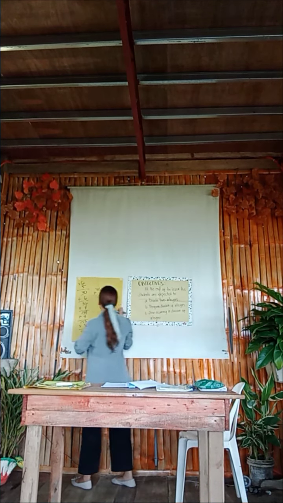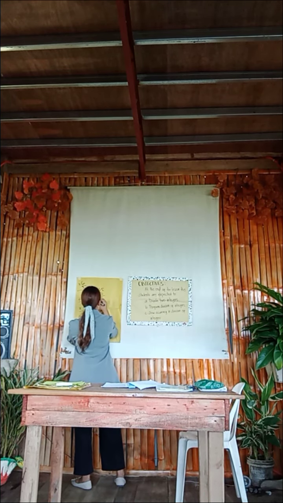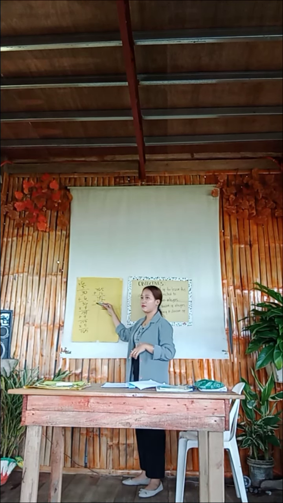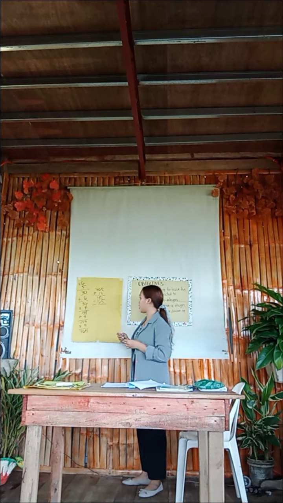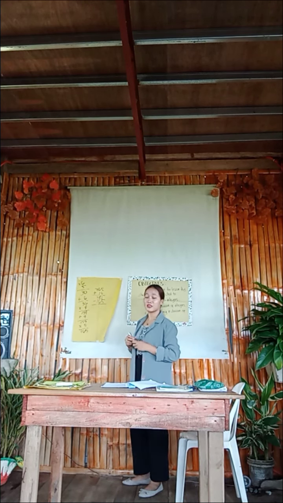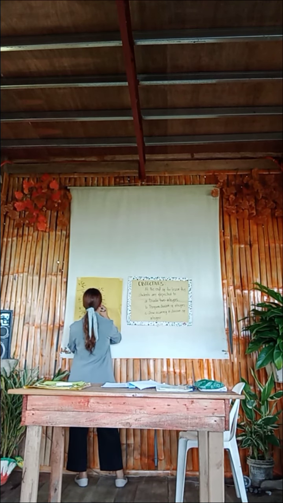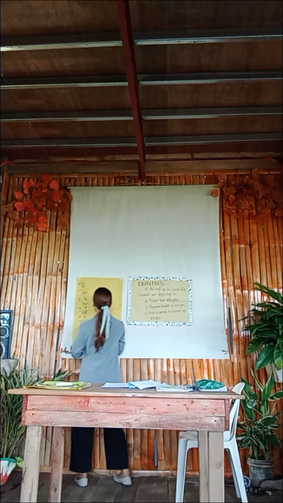That 781, you can subtract it by 165. And 781 subtract by 165, and the total is 616.